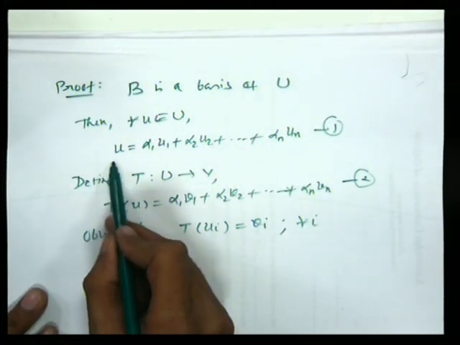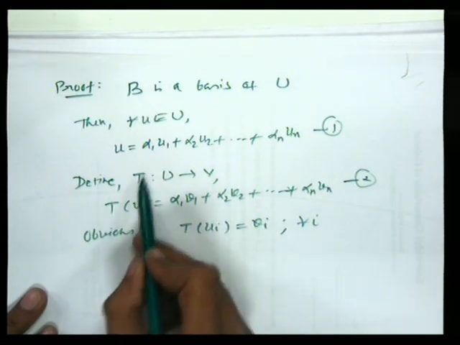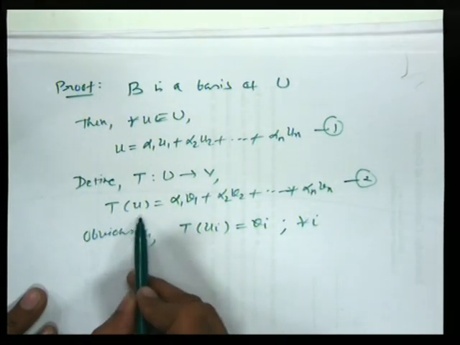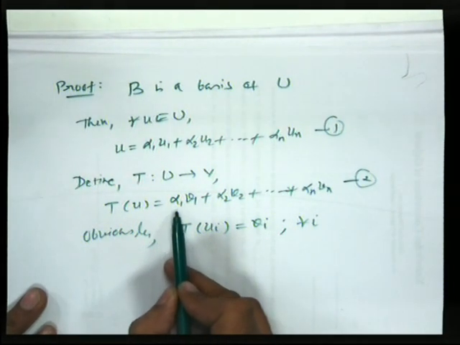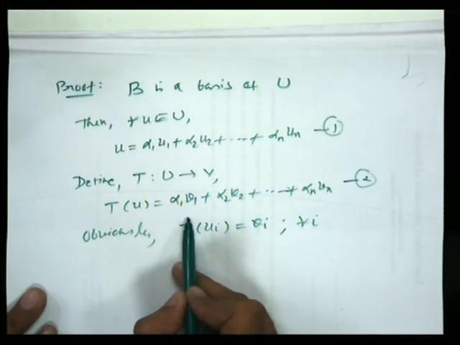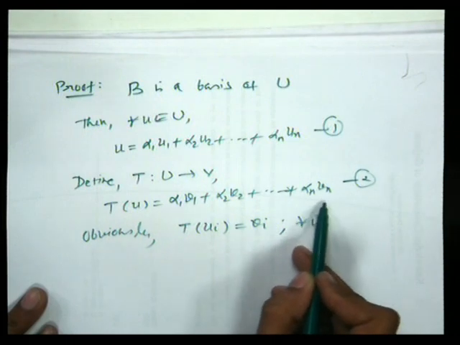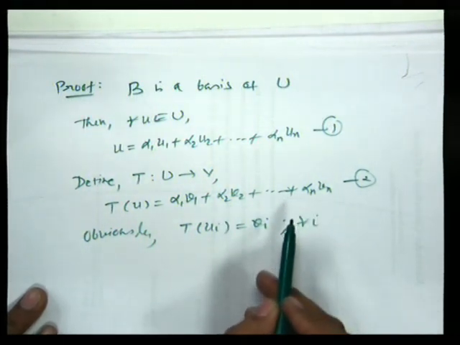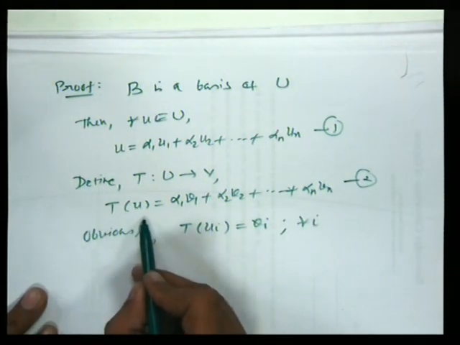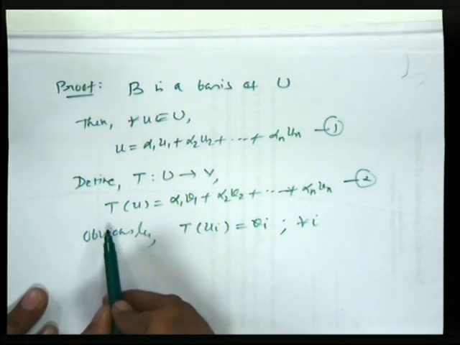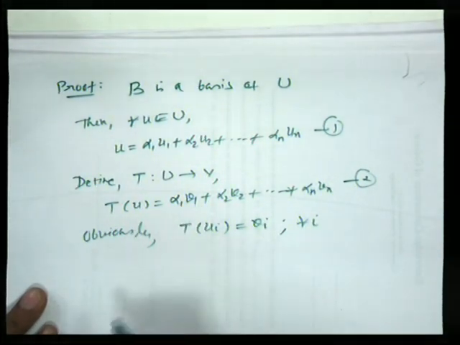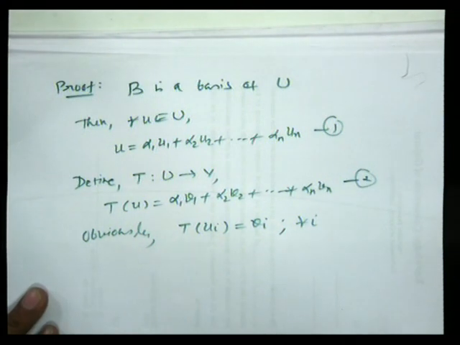Then we get u is equal to u1. Then by equation 2, t of u1 is equal to 1 into v1, which is v1, and the rest of the scalars are 0, so they give the 0 vector. So we get t of u1 is equal to v1. Similarly, t of u2 is equal to v2, and like that t of ui is equal to vi for every i.